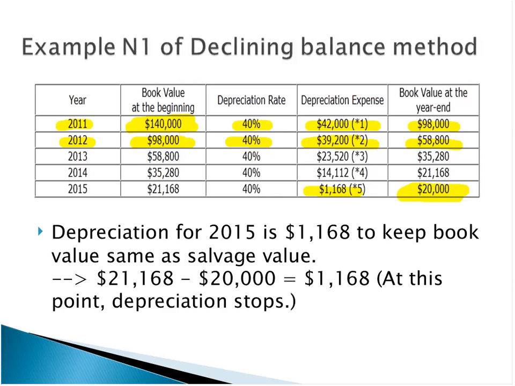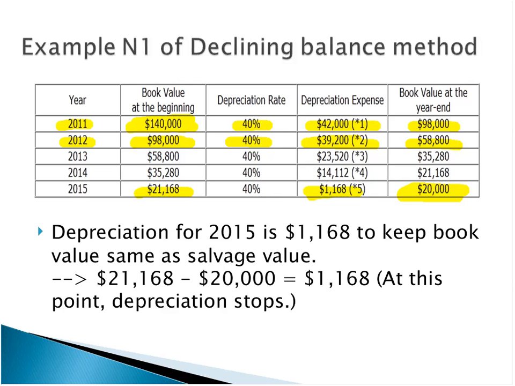So this is how we make a calculation based on decline methods. So how did we get 20,000? Here is just an explanation. We have taken the book value at the beginning of 2015, which is 21,168, minus your depreciation expense of the 5th year, which is equal to 1,168.